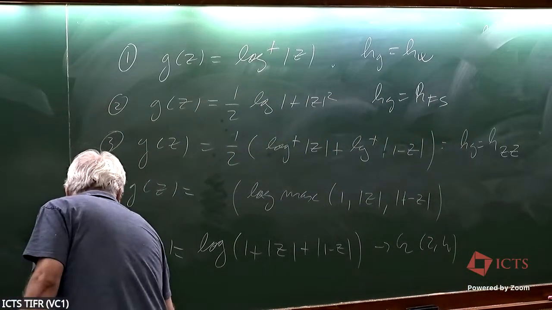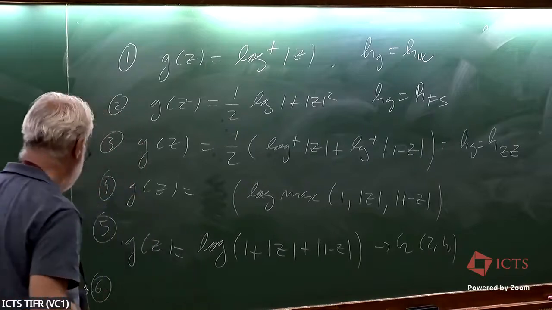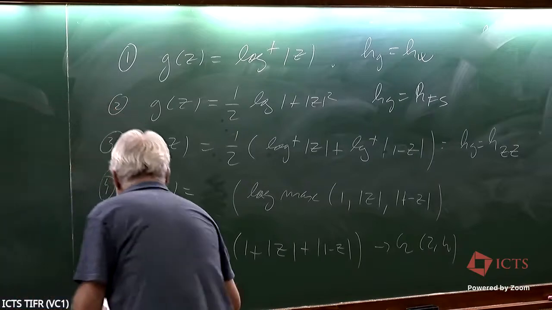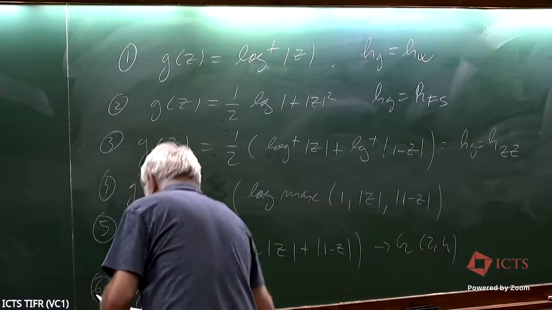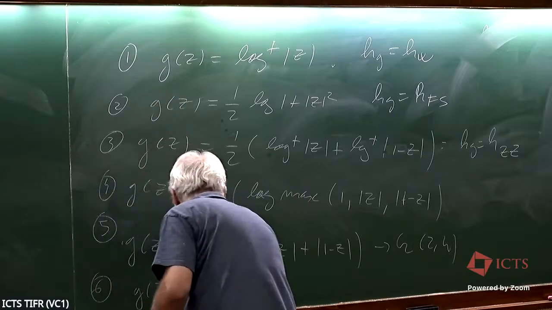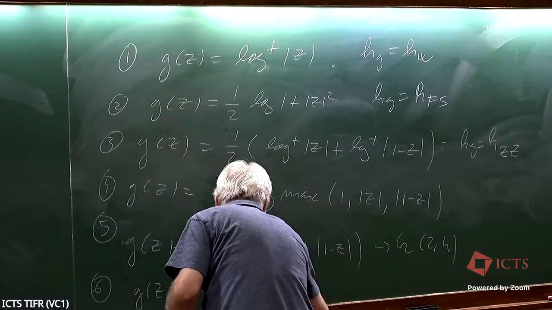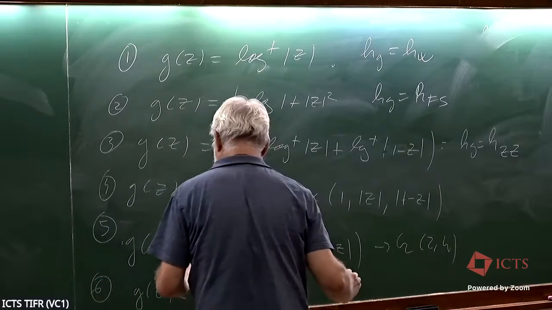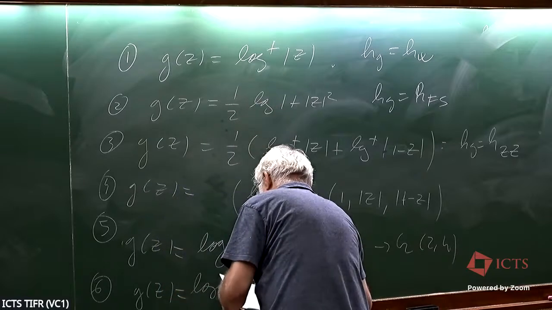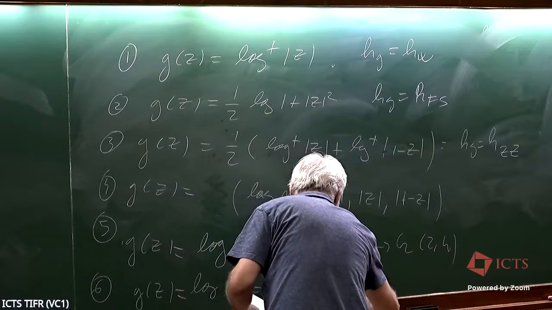Then there are other examples, 6, which is g of z is equal to log. Now, you see that one can make a lot of different examples. This is 2 times z minus 1 plus 2 square root of z squared minus z.